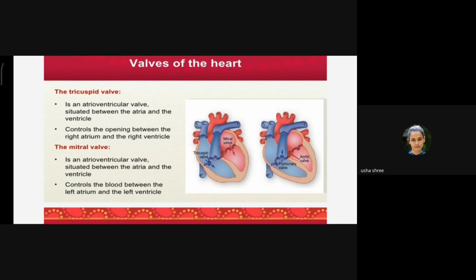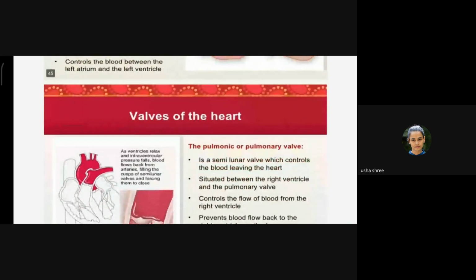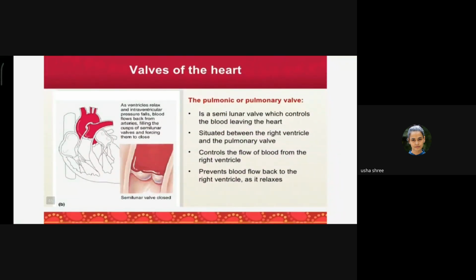The mitral valve is an atrioventricular valve situated between atria and the ventricle, controls the blood between left atrium and left ventricle. Now, pulmonic or pulmonary valve.